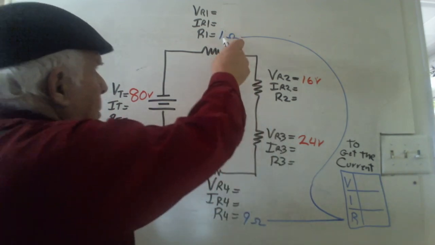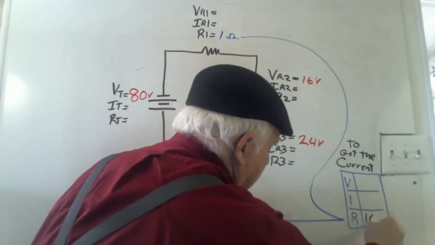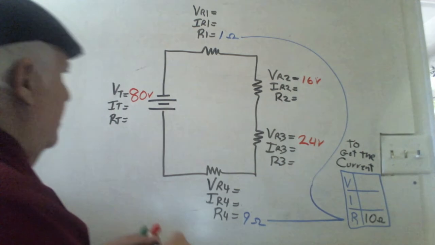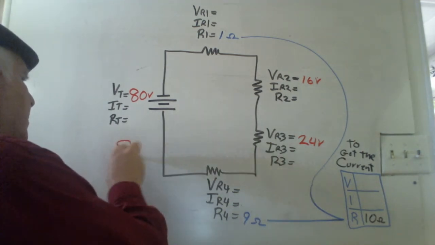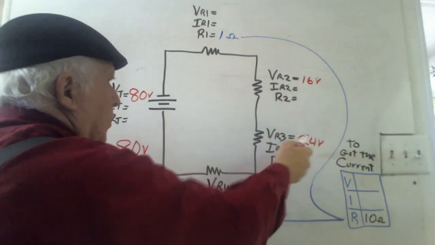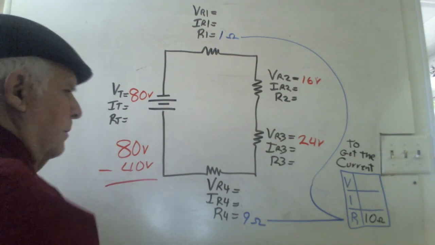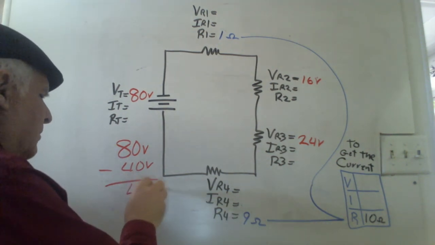Here I have 1 ohm and 9 ohms for a total of 10 ohms. Okay, now I have 80 volts and I have 40 accounted for. How much does that leave me? That leaves me with 40 volts.